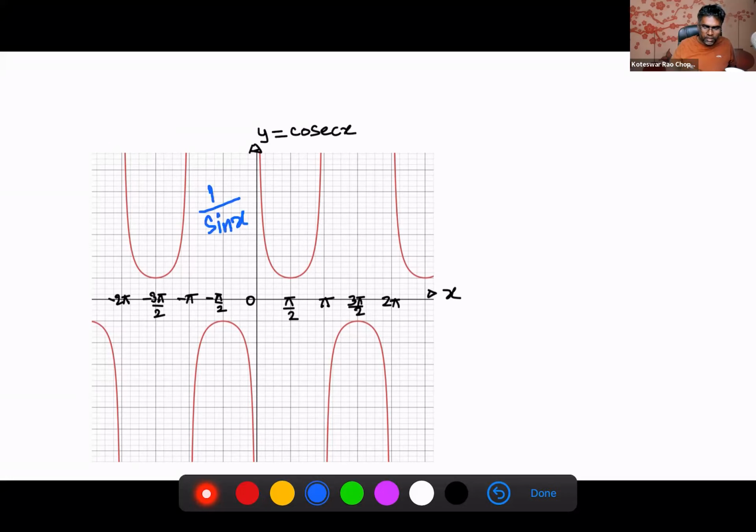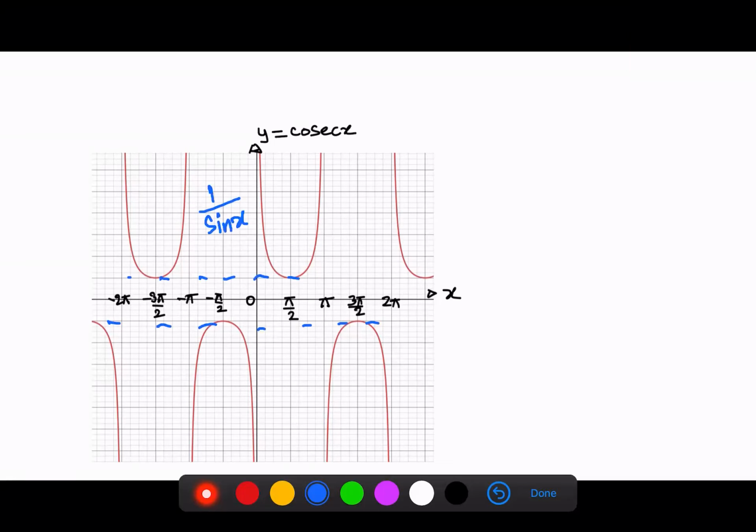Now, guys, can you reflect why we don't have any values here between these two? Why? What I'm saying is, for the cosecant graph, there are no values between 0 and 1, and then 0 and -1. Why is that?